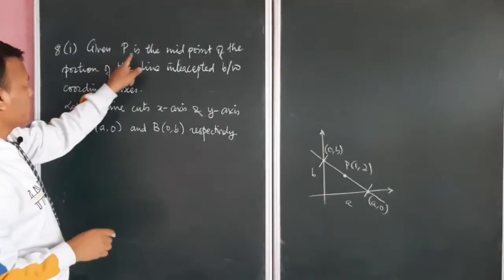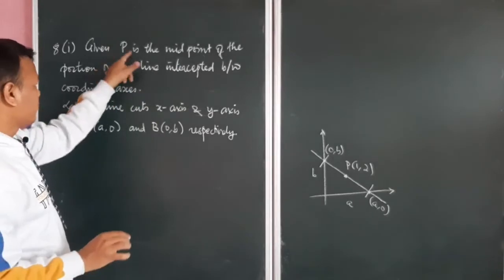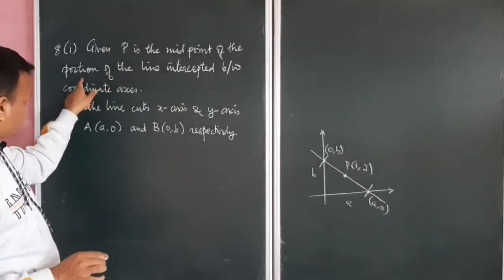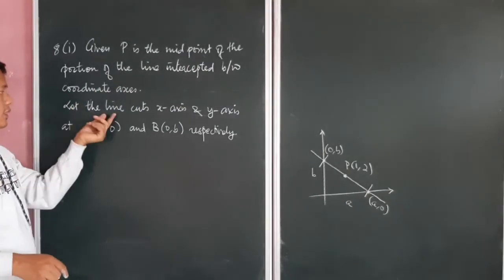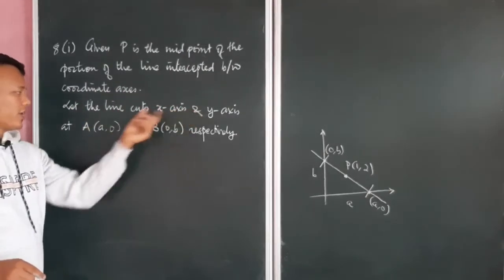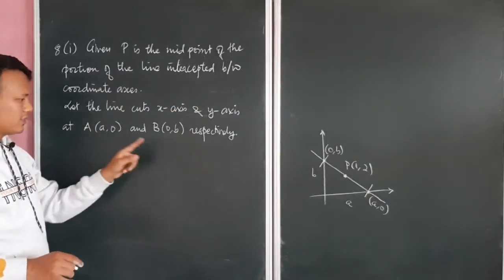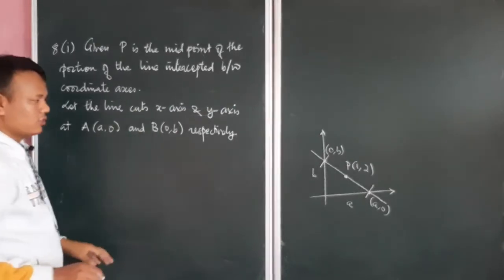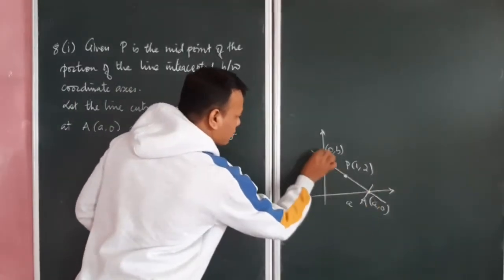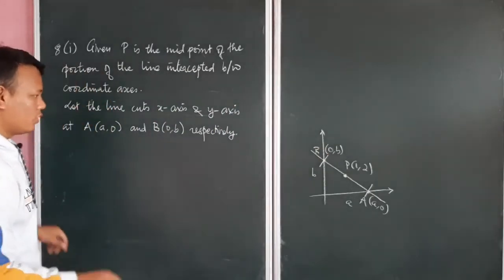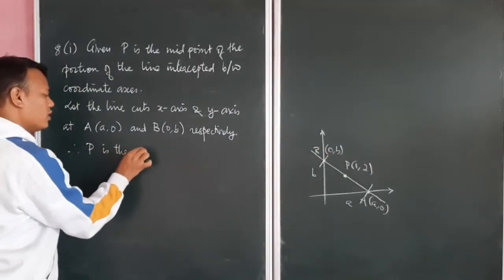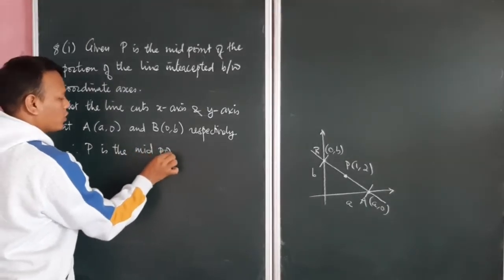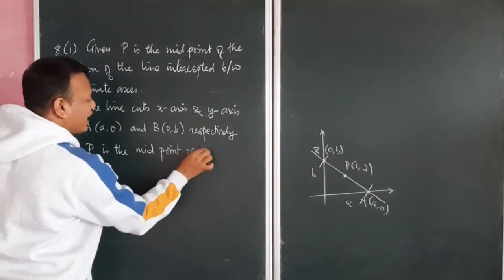Given that P is the midpoint of the portion of the line intercepted between the coordinate axes, let the line cut the x-axis and y-axis at points A, that is A comma 0, and B, that is 0 comma B. So this is my A and this is my B. Therefore P is the midpoint of AB.